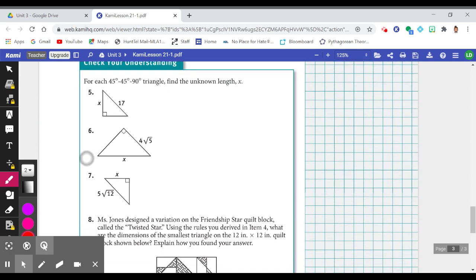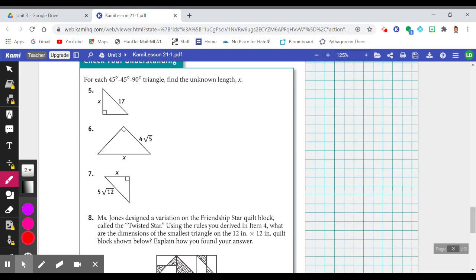So this is a great opportunity to see if we can apply what we just learned. If you notice, we're hardly given any information on these diagrams. We were taught with the Pythagorean theorem that if we knew 2 sides of a triangle, then we could find the third using a squared plus b squared equals c squared.